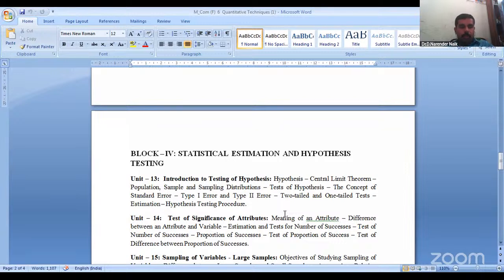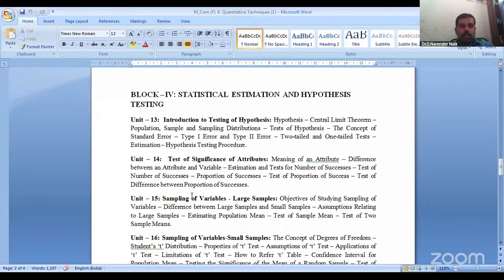The first one is unit number 13, introduction to testing of hypothesis: hypothesis, central limit theorem, population, sample and sampling distribution, test of hypothesis, concept of standard error, type 1 error and type 2 error, two-tail and one-tail test, estimation, hypothesis testing procedure. This is the complete theory, unit number 13.